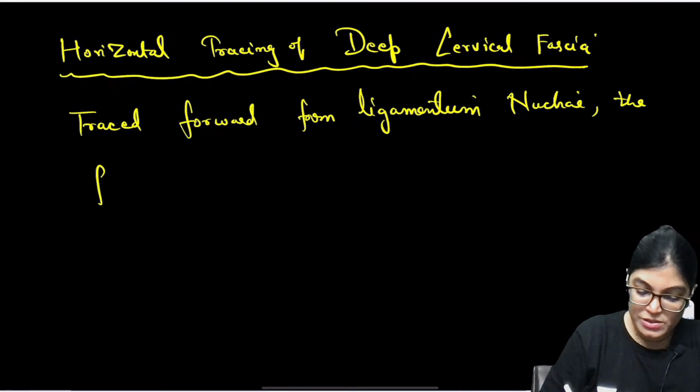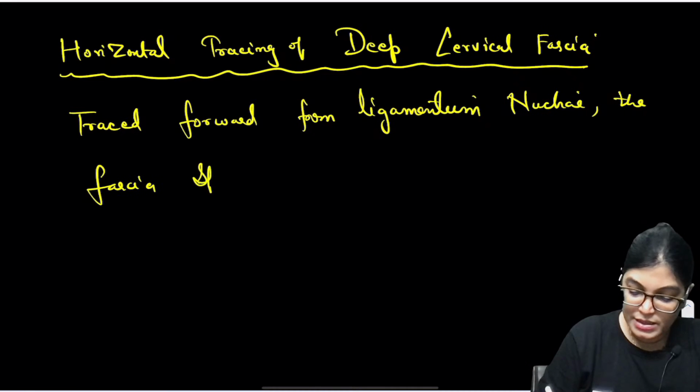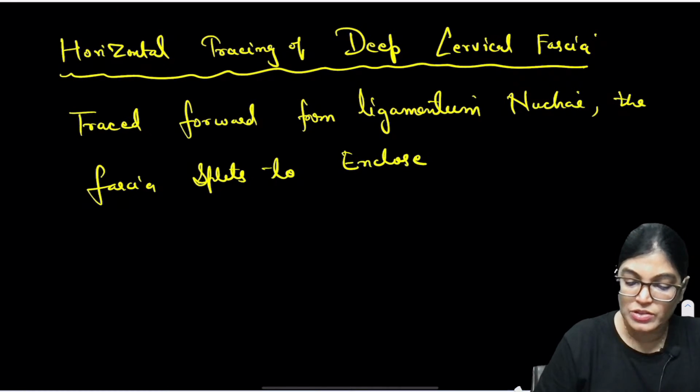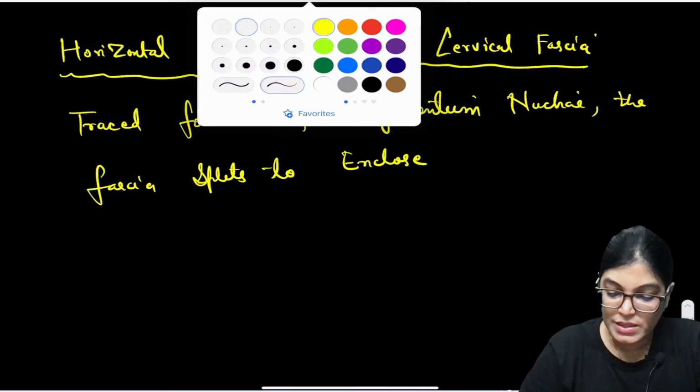The fascia splits to enclose. So firstly at the posterior aspect, it was enclosing which muscle? My dear aspirants, it was enclosing which muscle?